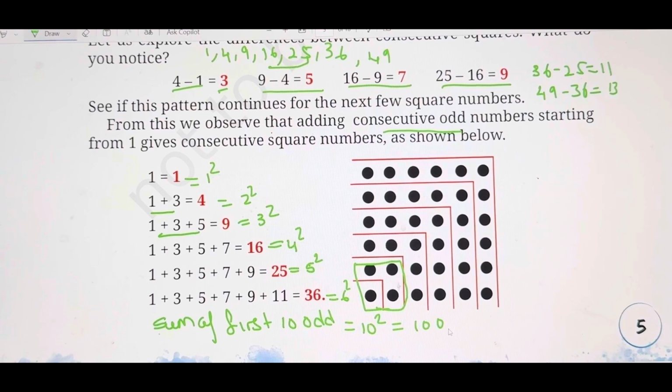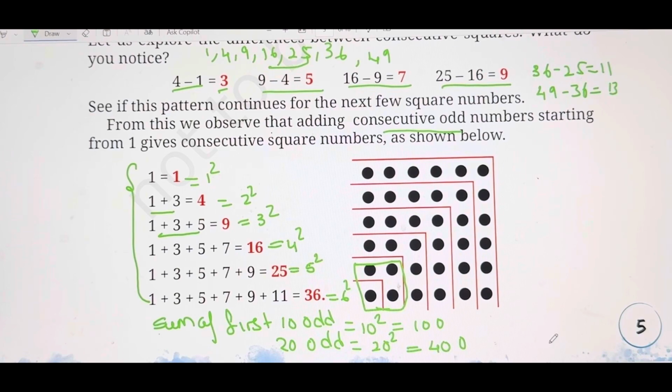So without actual addition, you can find the sum of odd numbers in sequence. Suppose it is asked for the first 20 odd numbers, 20 square is 400. Whether it is the first 10, 20 or 100 odd numbers, you can easily find the sum after understanding this pattern.